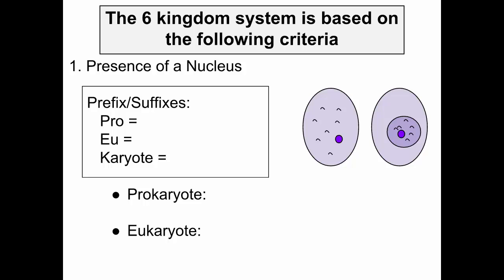The words we use for this are prokaryote and eukaryote. If you know the roots of these words and some prefixes, you can figure out what they mean. The prefix pro, like if you read a book, where's the prologue? The beginning, before the story starts. Pro means before.